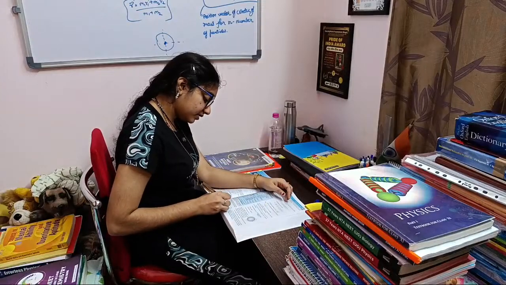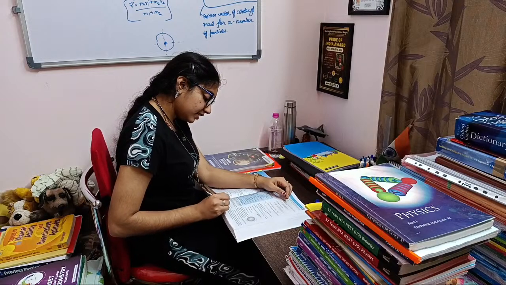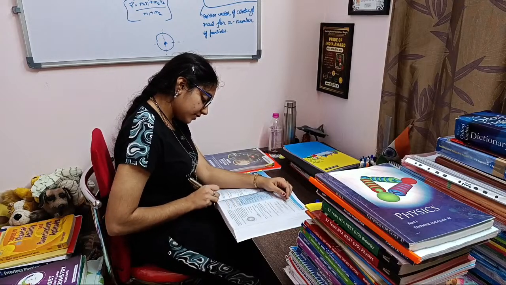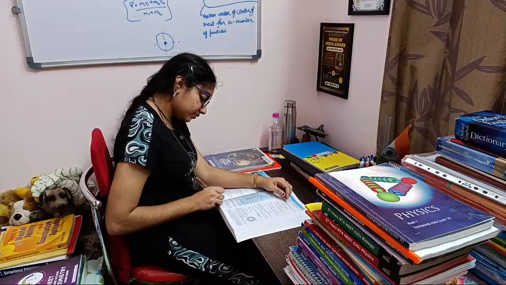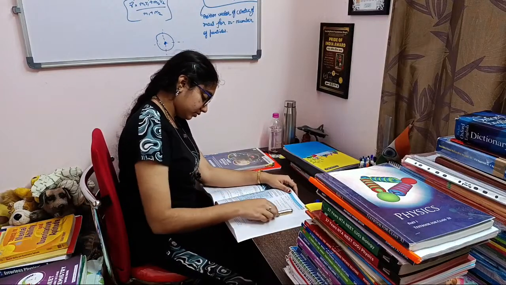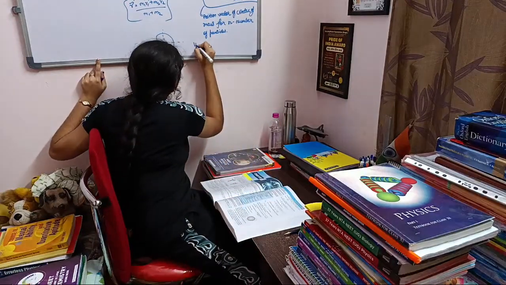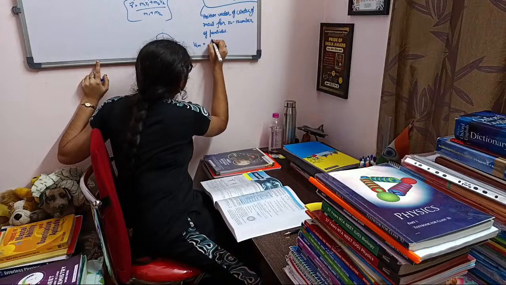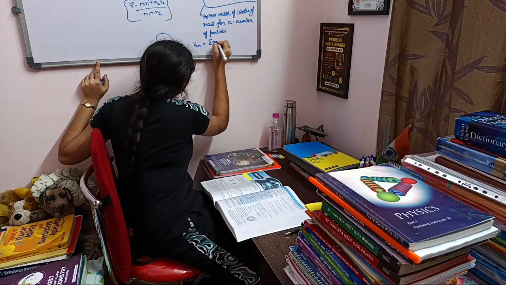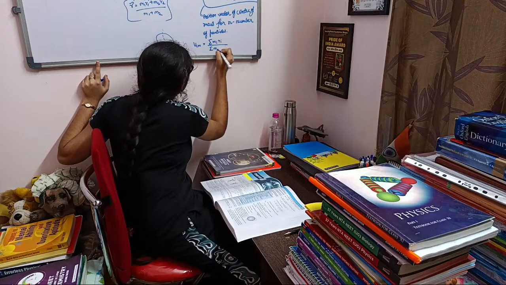If a system of particles of masses m1, m2, m3 move with velocities v1, v2, v3, then the velocity of center of mass, v center of mass, equals summation of mi vi by summation of mi.